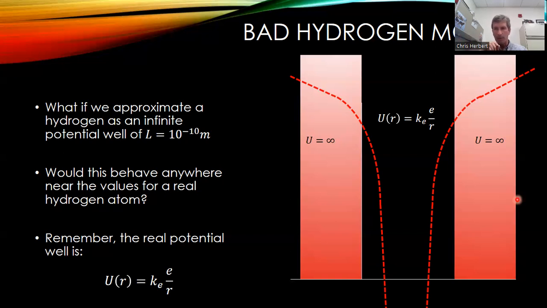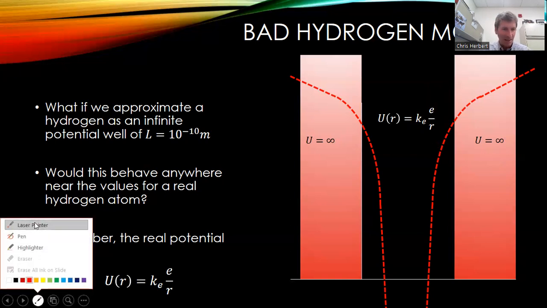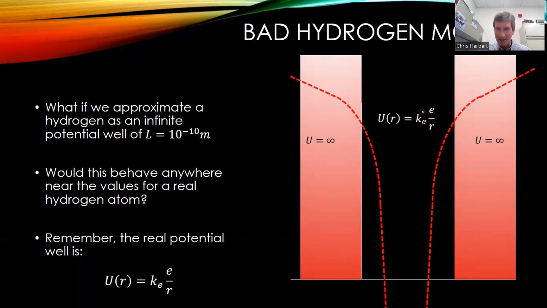Well, right off the bat, we've got some problems right here. Okay? My first problem is I should put a negative sign right here. And the second problem is this should be E squared, but let's do that anyway. Again, here's my problem.